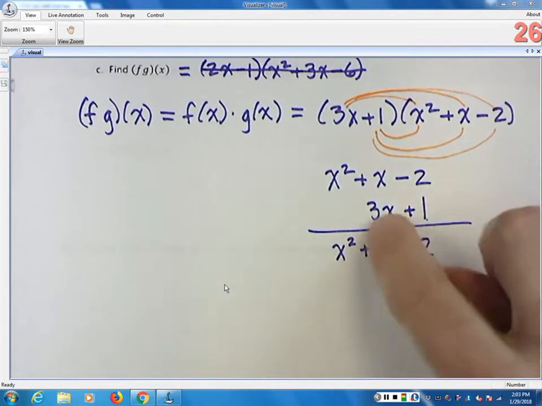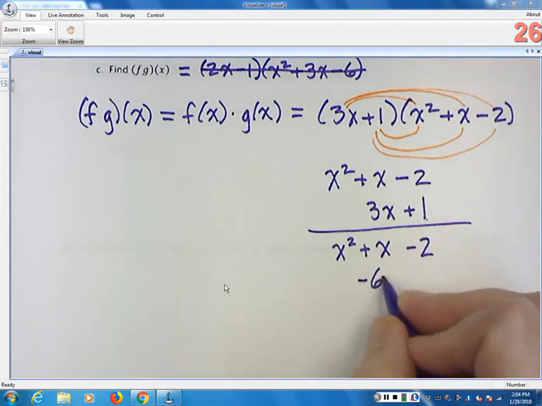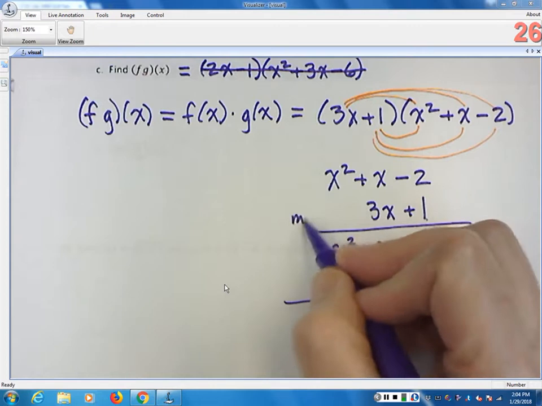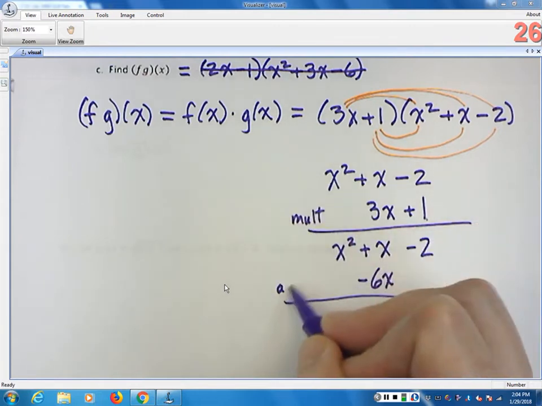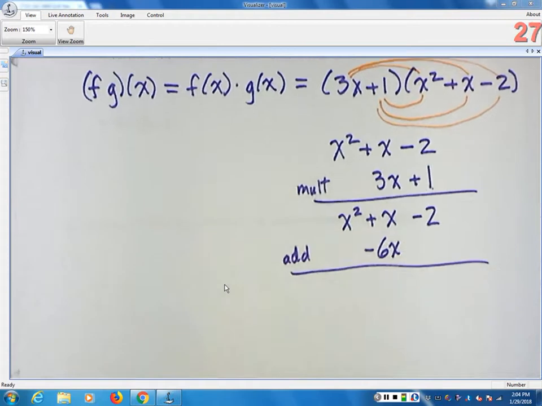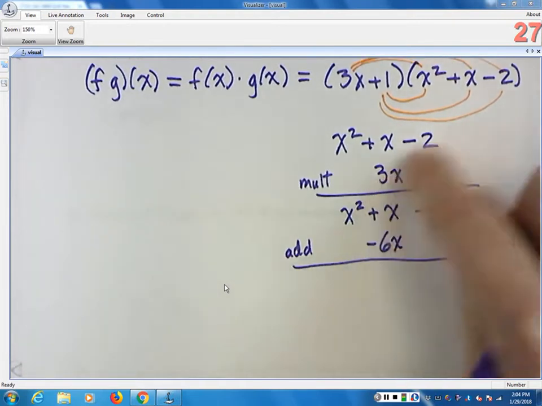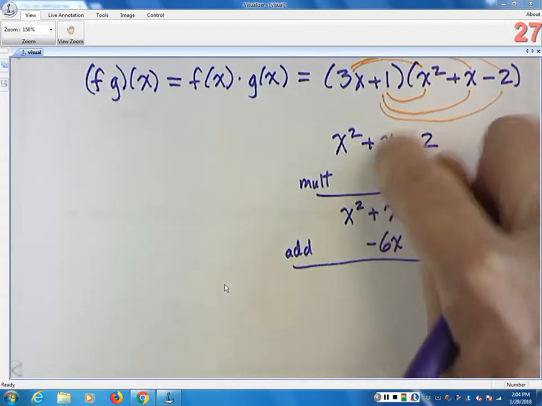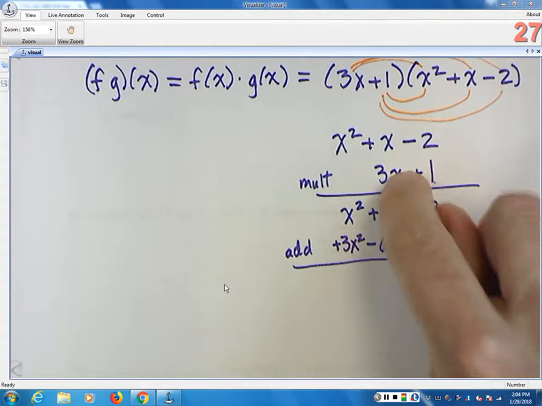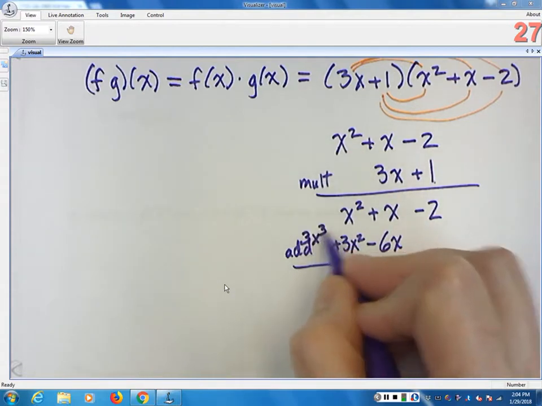Then I'm going to do 3x times negative 2 is minus 6x, and I want to write it under its like term because I'm going to add. So I'm multiplying, and then I'll add my like terms. But I probably should have written add right there because it's going to get in my way. Okay, so 3x times minus 2, I got that. 3x times x is plus 3x squared, and 3x times x squared is 3x cubed.